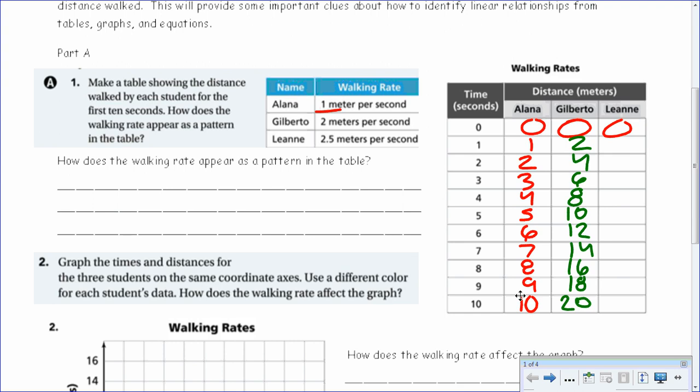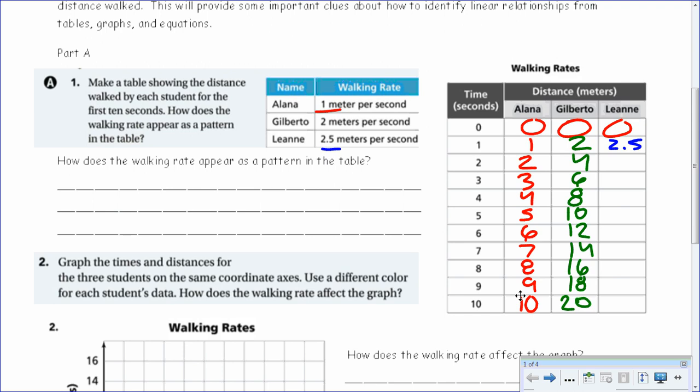And then so on with Leanne. We know that Leanne walks 2.5 meters per second. Well, they told us in that walking rate that in 1 second, she's at 2.5 meters. We know that that's a constant rate of 2.5.